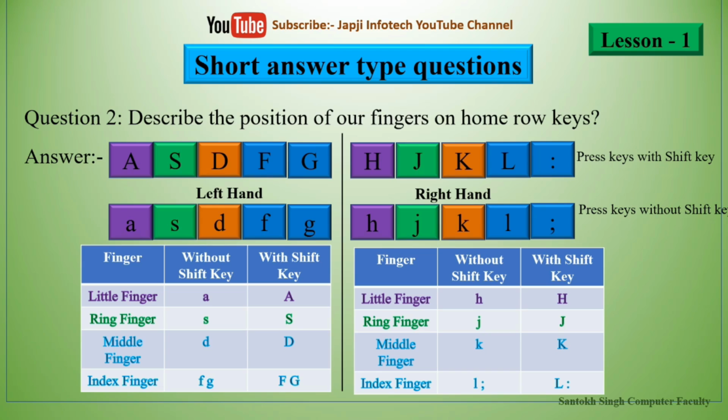First of all, the little finger of our left hand would be on A key, ring finger on S key, middle finger on D key, index finger on F and G keys respectively. Similarly, little, ring, middle and index finger of right hand should be on semicolon, L, K, J and H keys respectively.